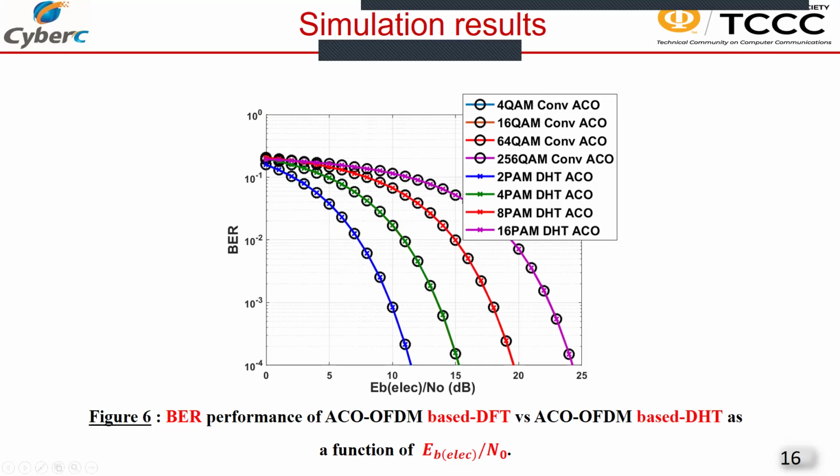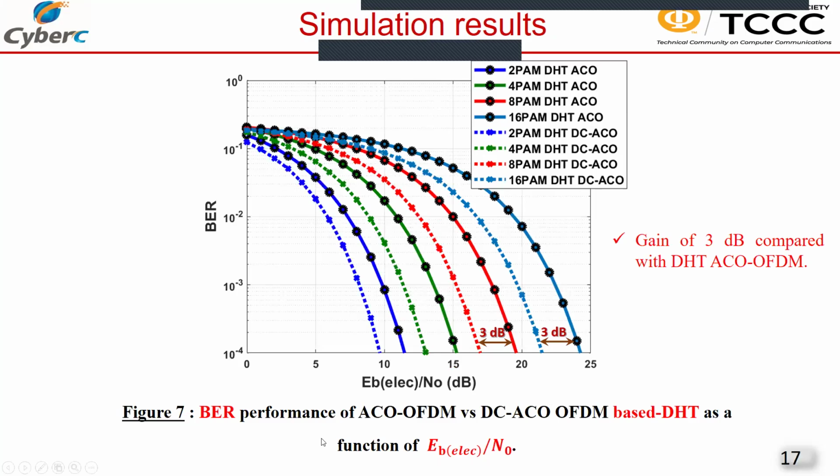Figure 7 presents a comparative study between diversity combined ACO-OFDM and ACO-OFDM based DHT in terms of electrical Eb to N0 and comparable spectral efficiencies.